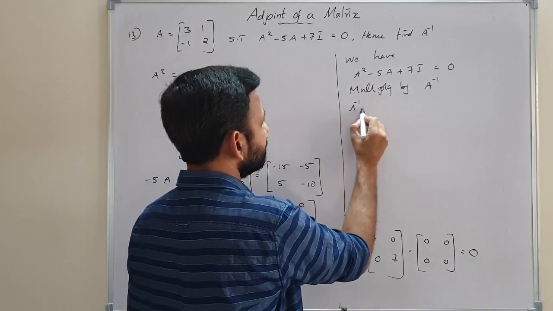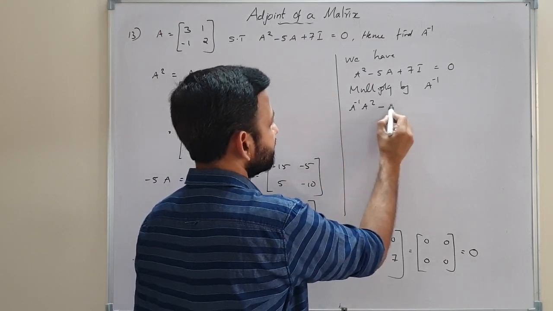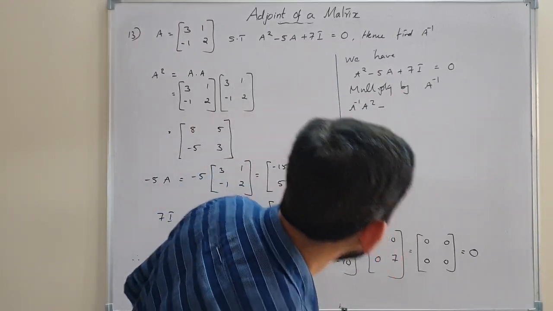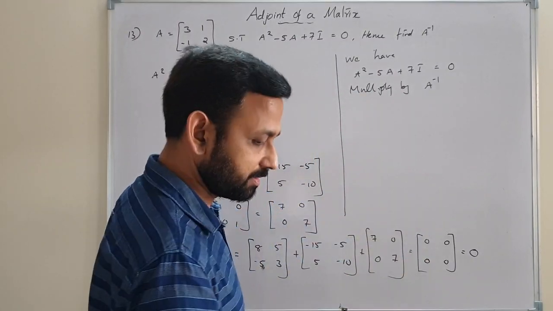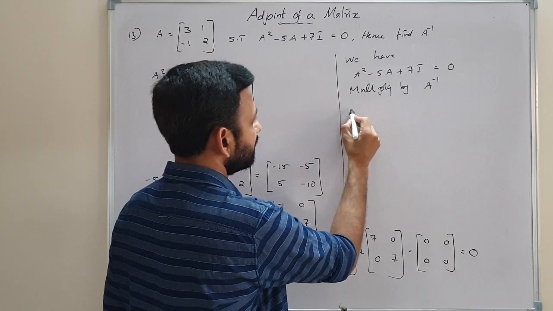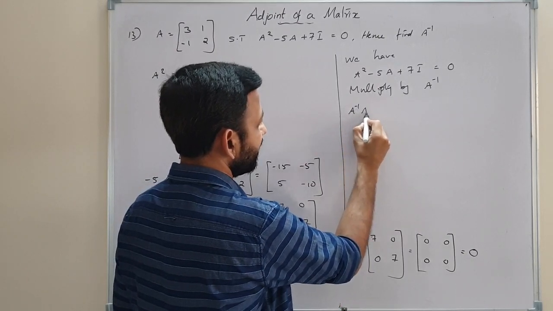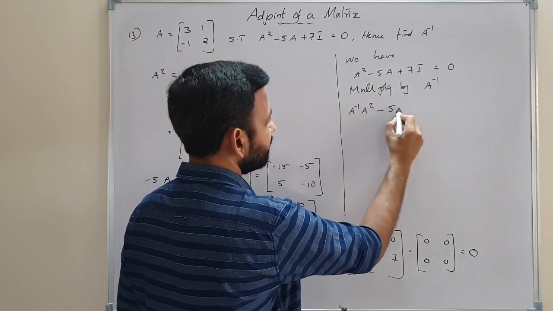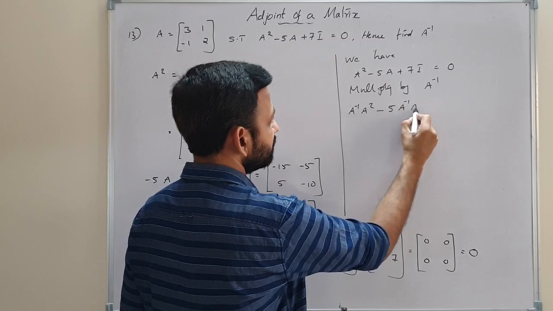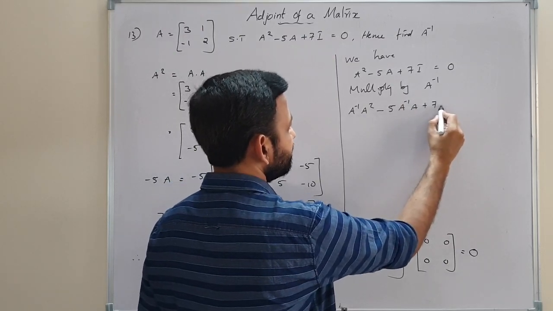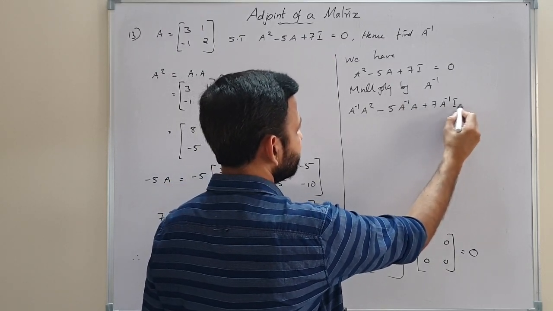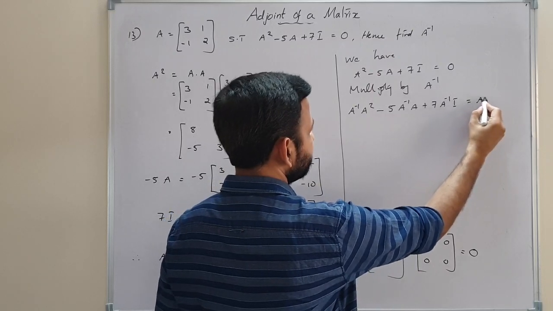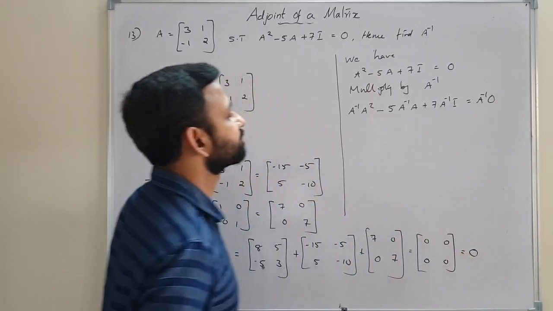So A inverse into A square minus 5 into A inverse into A plus 7 into A inverse into identity matrix equal to A inverse into 0 matrix.